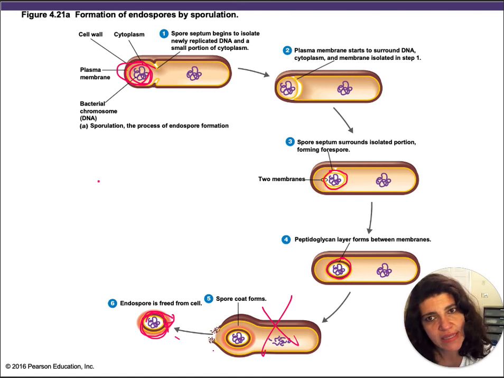So that's one example. Another example would be canned foods. Clostridium is usually able to contaminate food that is going to be canned.